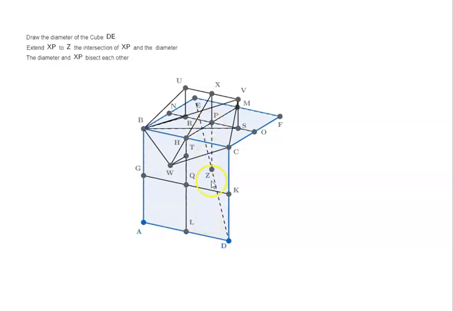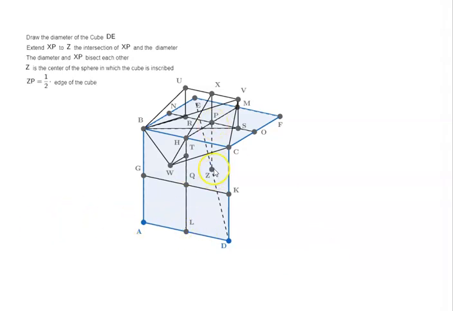We have only drawn half of it. So if we had drawn it to the other side of the cube, then DE would have bisected that straight line from P to the other side of the cube. Now, Z is the center of the sphere in which the cube is described.